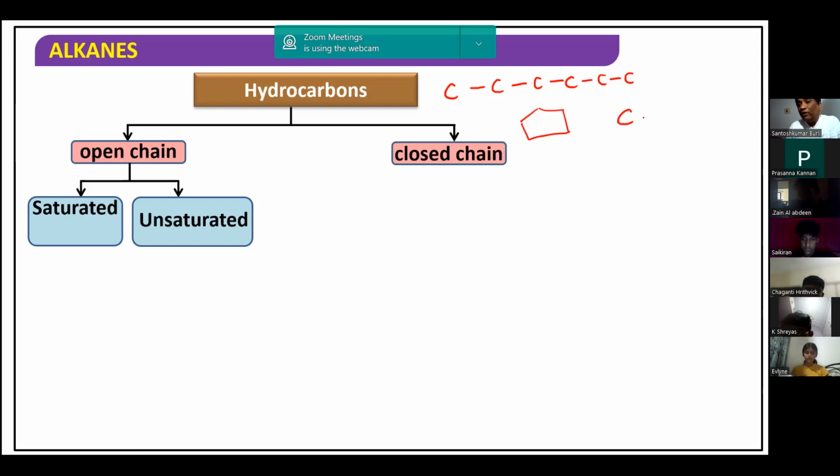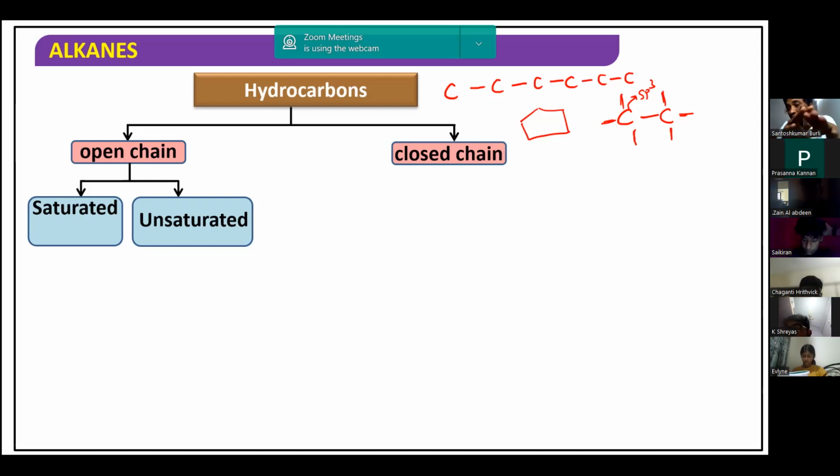If we have carbon linkage where carbon has only single bonds, no double or triple bonds, and carbon is sp3 hybridized, all carbon atoms have single bonds. That means the valency of carbon is 4 and it is completely satisfied.